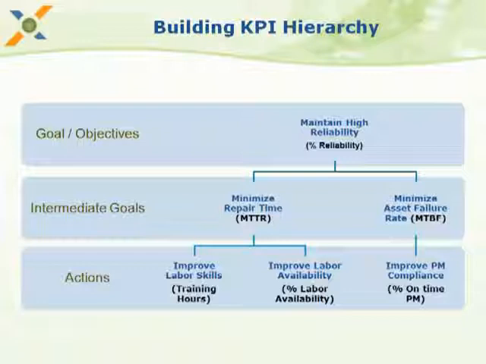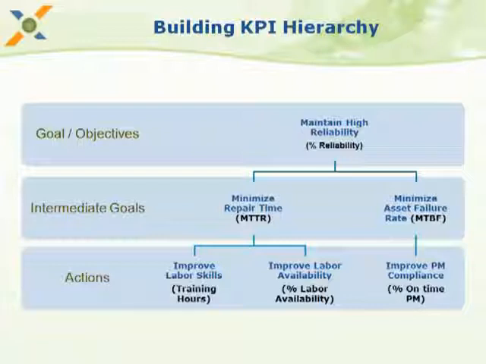Minimize repair time, so you want to minimize MTTR, as well as you want to minimize the number of failures. So we are going to monitor MTBF. So these two KPIs become intermediate goals. If we track those two, hopefully that will help achieve the business objectives.